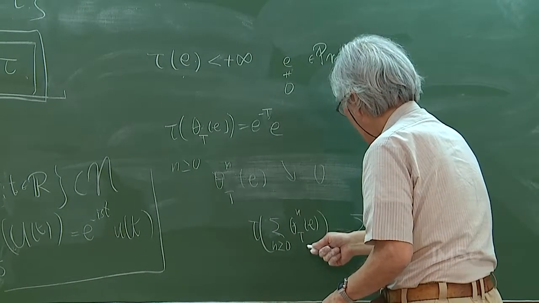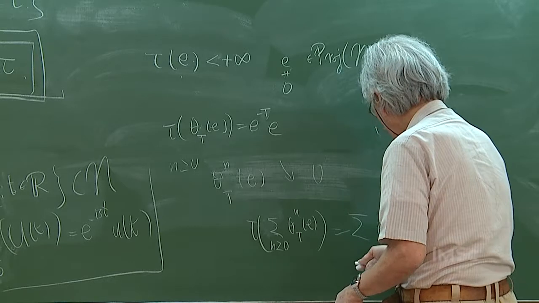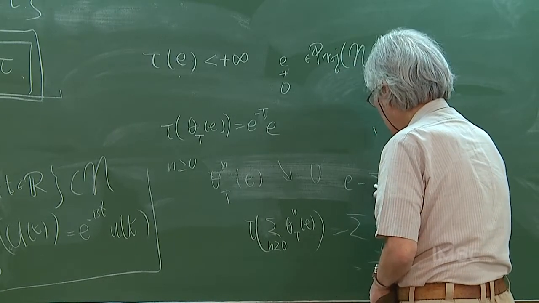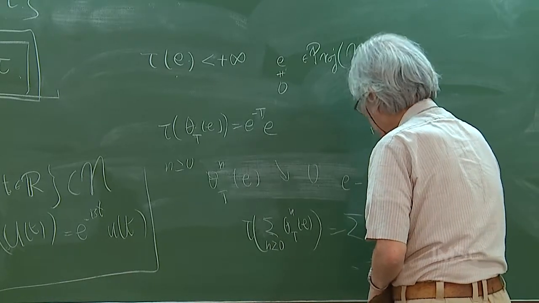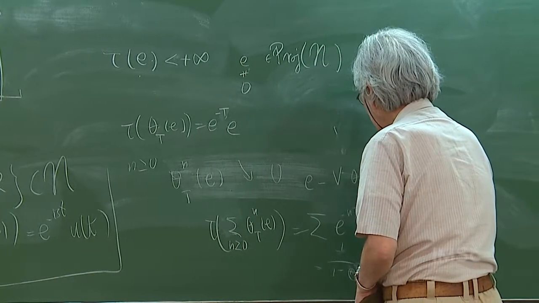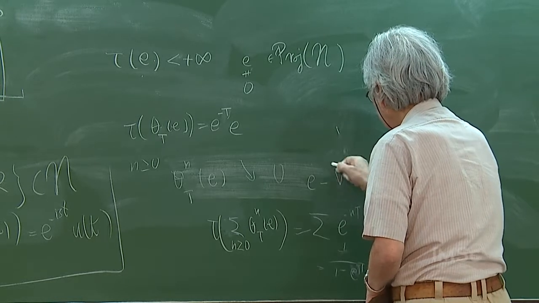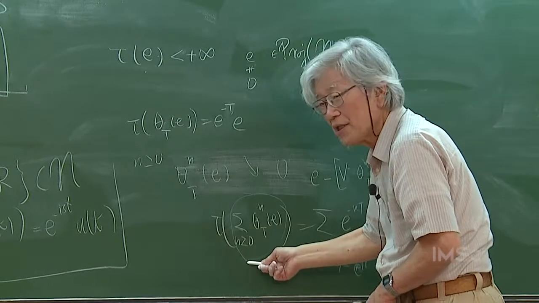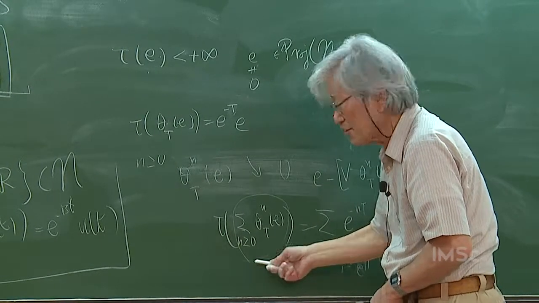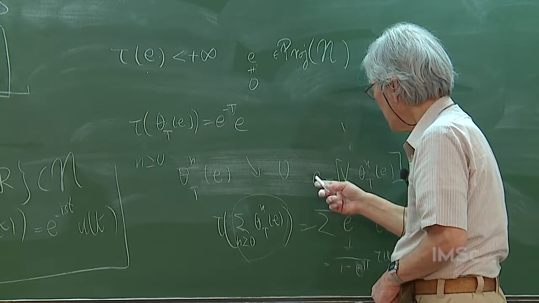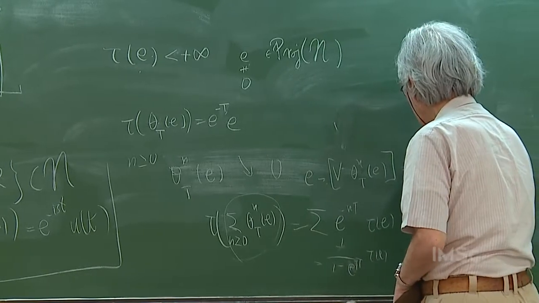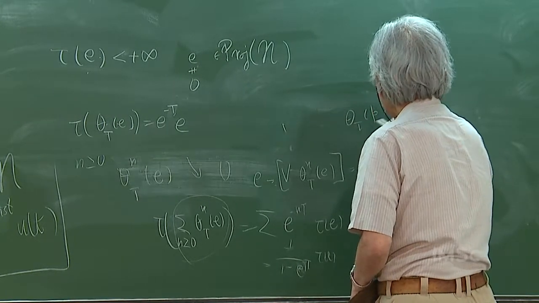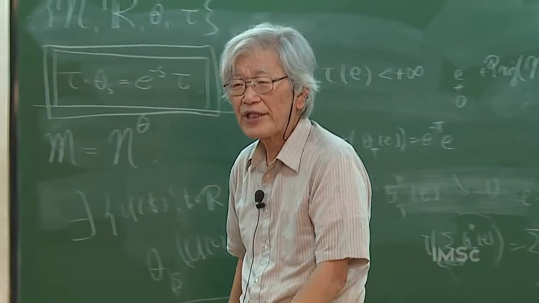So you take the theta_t of n of v. Because of this, you can get this to be a projection P, and theta_t of P moves perpendicularly.